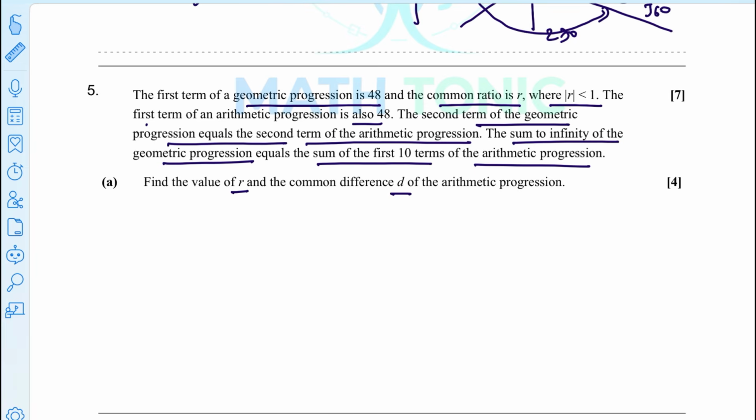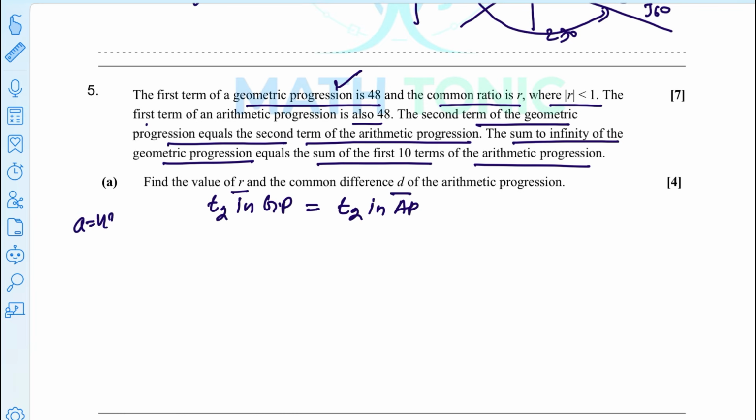The first very important thing is that you have to collect the information properly. For example, in the question here, term 2 in GP equals term 2 in AP, right? Now in both GP and AP, a is given, that is 48.